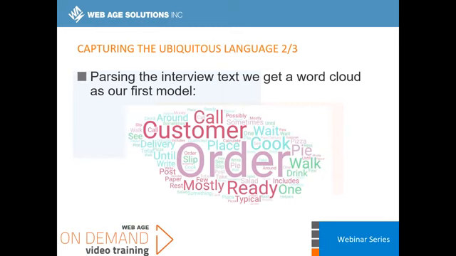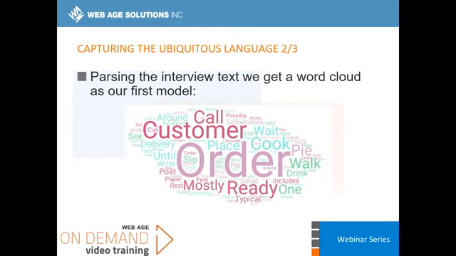So when we look at this, some of these words represent objects. So customer, pie, order, all of those things are objects or things in our problem space. Other words represent processes, right? So cook, for example, is a process. We cook a pie, we deliver a pie, we take money.